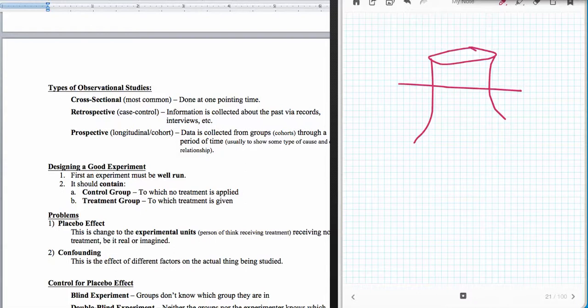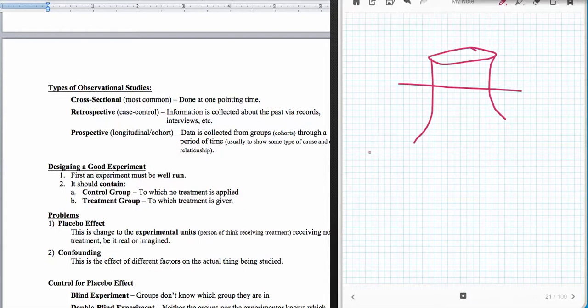The prospective, a lot of times these are done in medical studies, where we actually get information right here and now, and then we study the same individuals over a certain time to see what is happening.